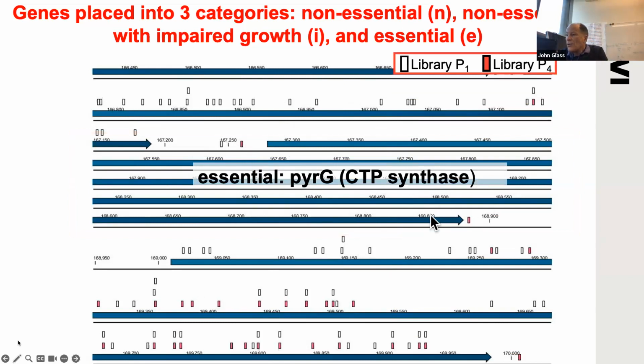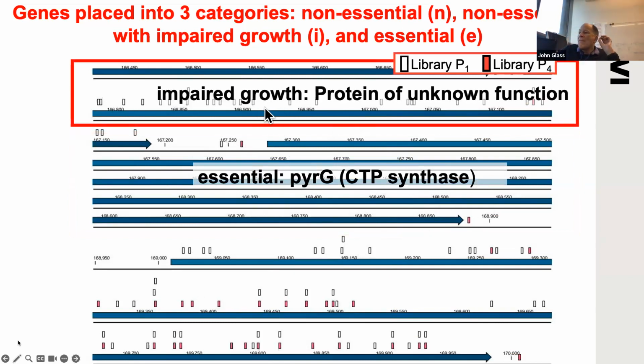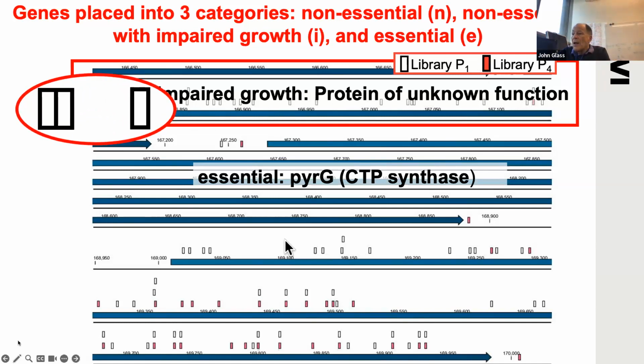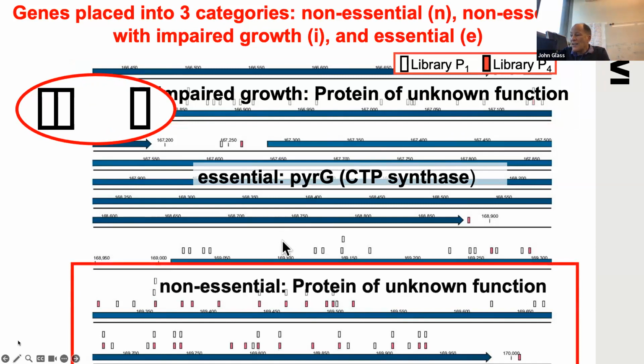And here you see a gene that, if you knock it out, the cell will grow more slowly, meaning it needed this protein to grow at the cell's normal doubling time of every 60 minutes, because all you see are white boxes here. But a truly non-essential gene will have both red boxes and white boxes. And here's a gene that we know you can knock out without any loss in growth rate for the cell.